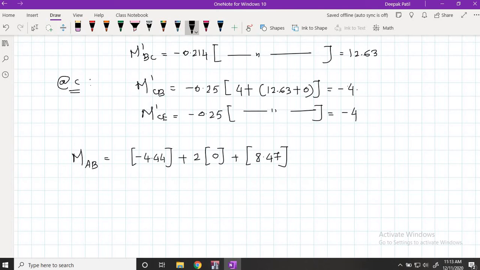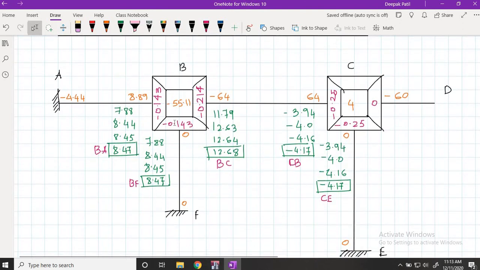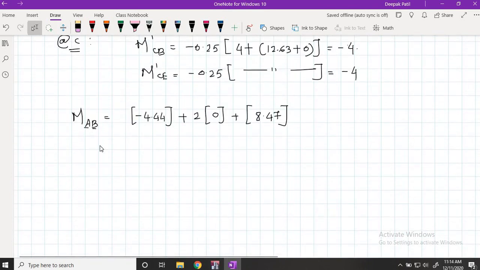Now when you see AB, A is a near end and B is a far end, so you have to write down this 8.47, not that 8.47, because that 8.47 is that of BF. Of course the values are same here, but if they were different, this value is for BF and this value is for BA, so you have to write down this 8.47. Now this comes out to be 4.03 kilonewton meter.